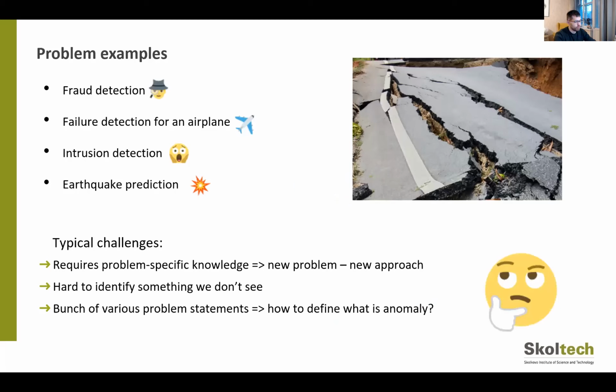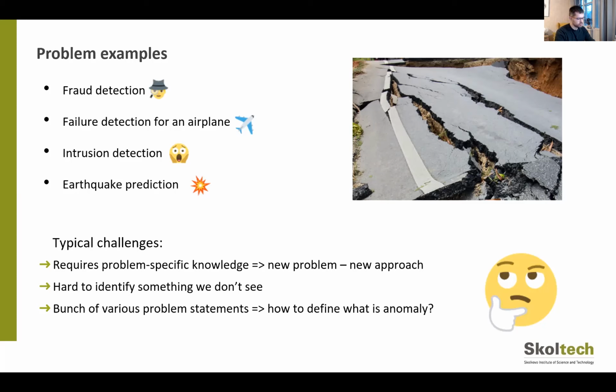If we move to more serious types of problems related to anomaly detection, we can imagine something like this. At first, we say that fraud detection is also anomaly detection, and there are also two types of problem statements. The first type is that we have some part of the data labeled as anomaly, and another larger part marked as normal transactions or normal phone calls or whatever.